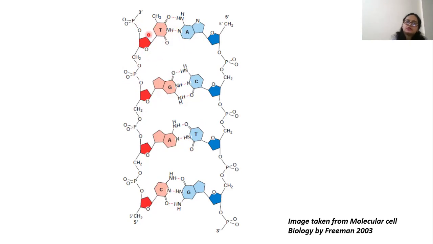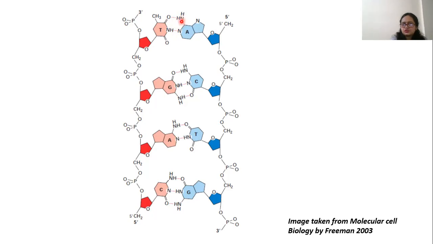So for these bases, here you can see thymine is attached to the adenine through two bonds, and these two bonds are actually hydrogen bonds. Hydrogen bonds are shown with the help of this dotted structure. We know that a hydrogen bond is formed between a more electronegative atom and the hydrogen atom.